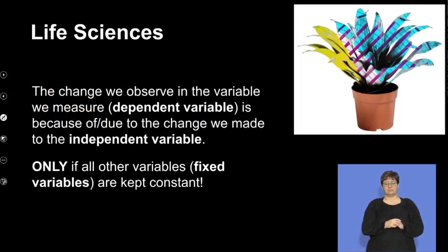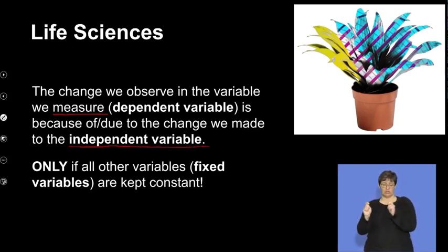Now, if there is a change as they make the light brighter, the plant does lose more water, they will know our experiment is working. The change in what you measure, which is how much water is lost, is because they have changed the amount of light.